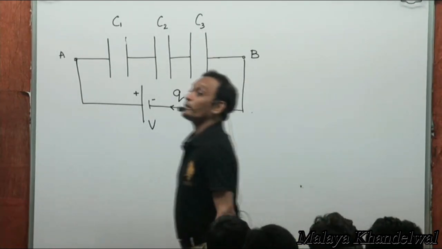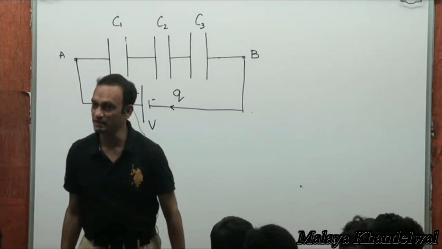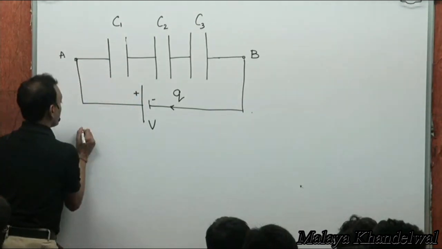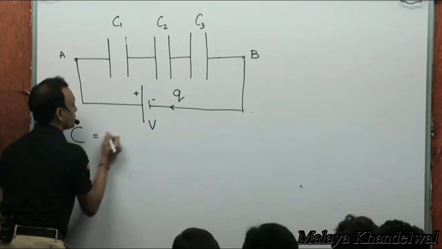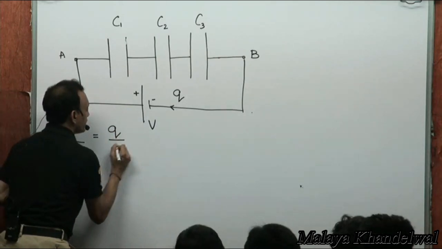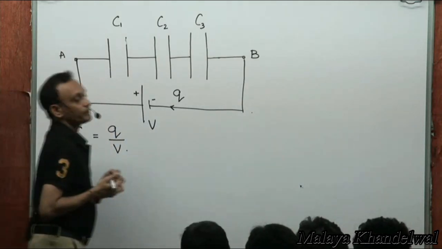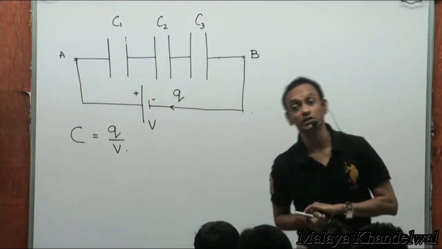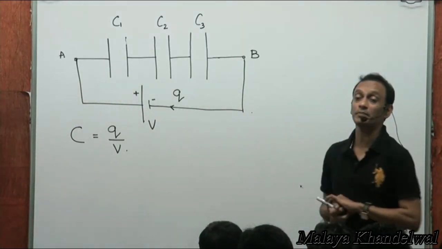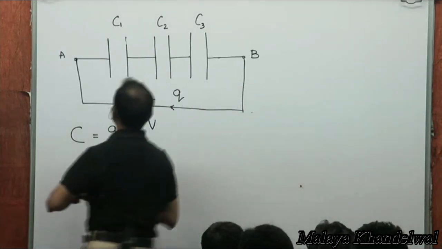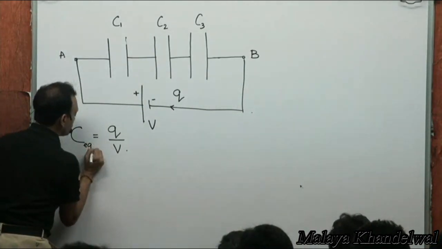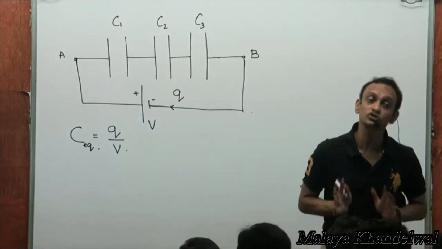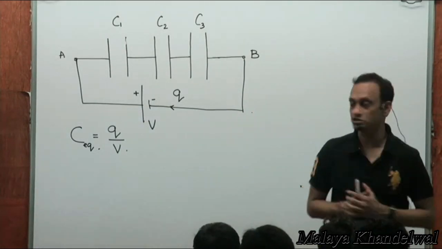Then the capacitance between these 2 points A and B is defined as the charge flowing through the battery divided by the potential difference, the EMF that the battery maintains. Q divided by V is the equivalent capacitance between points A and B. This is what is meant by equivalent capacitance.